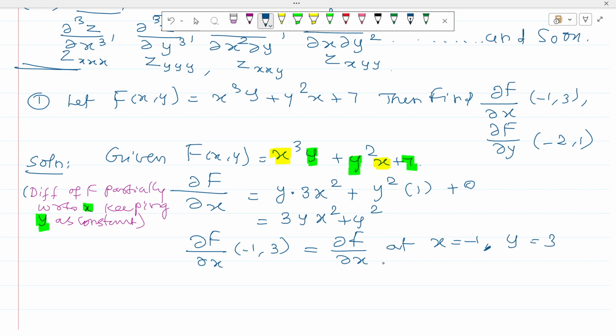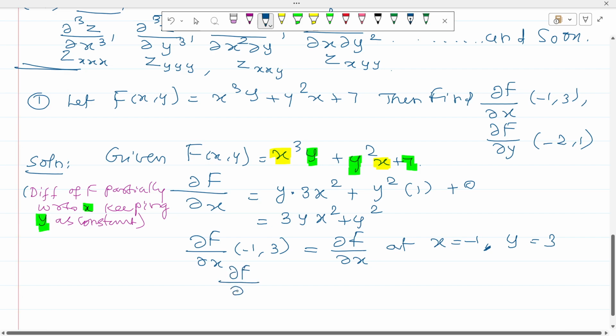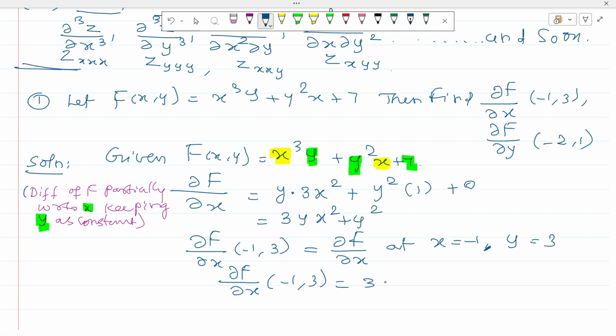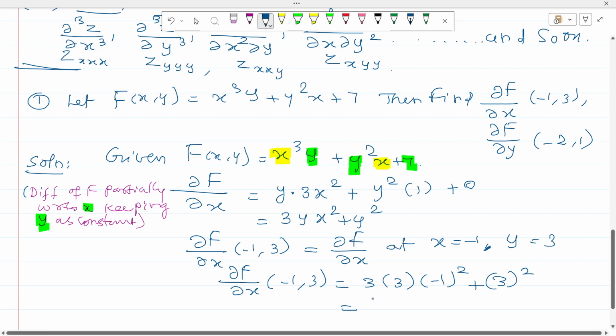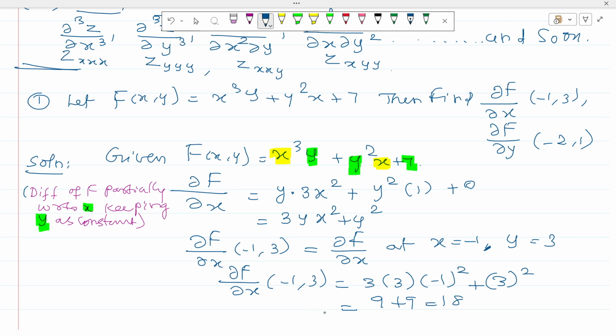So if we substitute this value here, then dou f by dou x at minus 1 comma 3 is equal to 3, y equal to 3, x square is minus 1 whole square, plus y square, 3 square. So 3 plus 9 is 12, plus 9, 18. That is the first one.